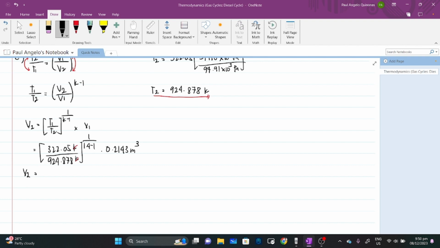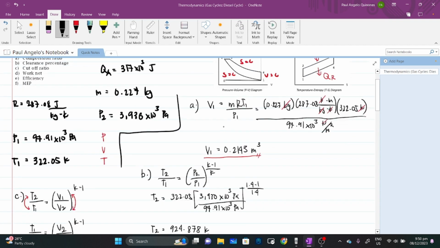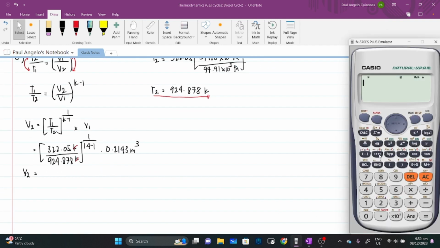So I have V sub 2. By observation in our PV diagram, volume 2 should decrease from point 1. So I have quantity 322.05 over 924.878 raised to 1 over 1.4 minus 1, equals, and then times 0.2143.